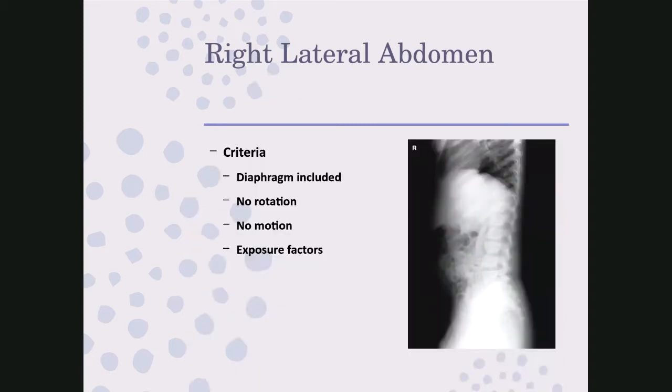So radiographically, you have to include the diaphragm. There has to be no rotation, no motion, and your exposure factors have to be acceptable. Okay? The reason this has a right marker, again, is because they are in a right lateral position. So if they're in a right lateral, you have to use the right marker. All right? And this is found on page 124.